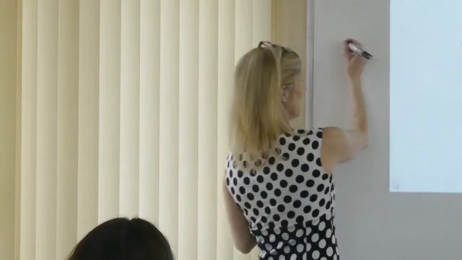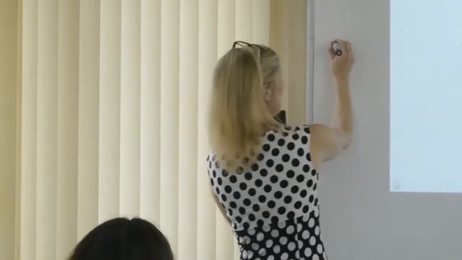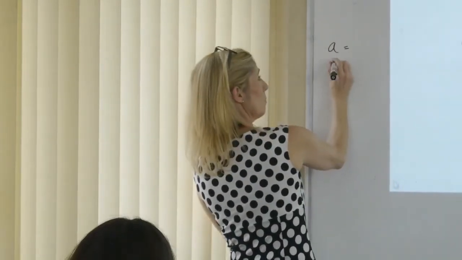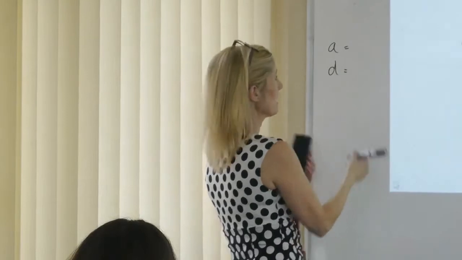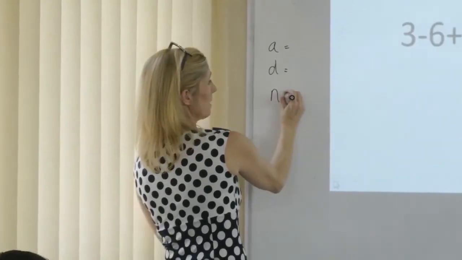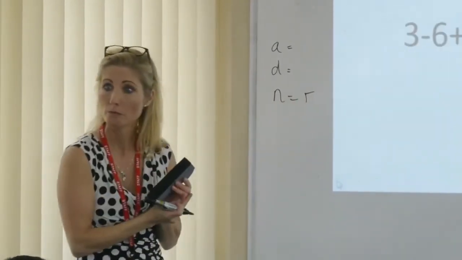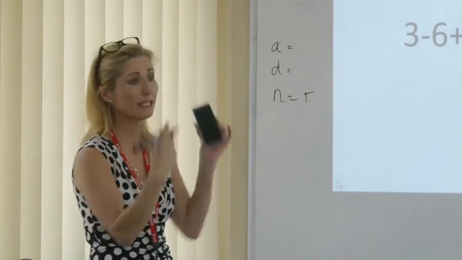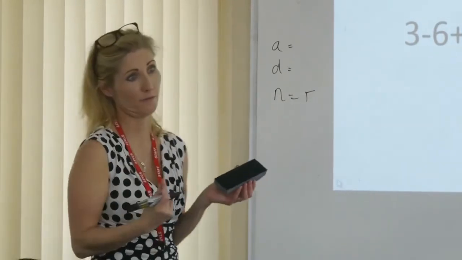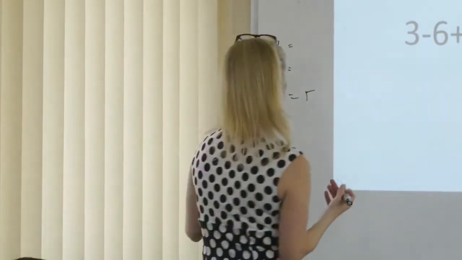Failing that, then once you've ascertained that it is in fact an AP, what you then need to do is work out A, work out D, and n will just be your r value. Okay, and put that into the formula and simplify. That's all that you would normally do.